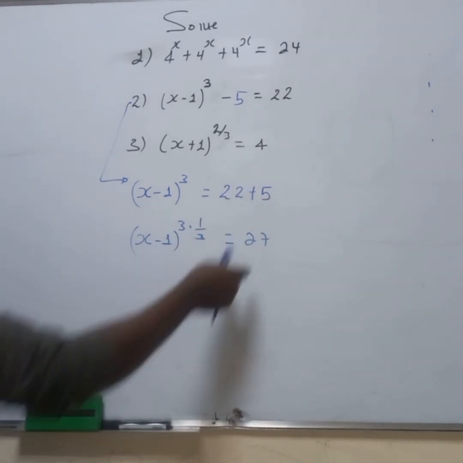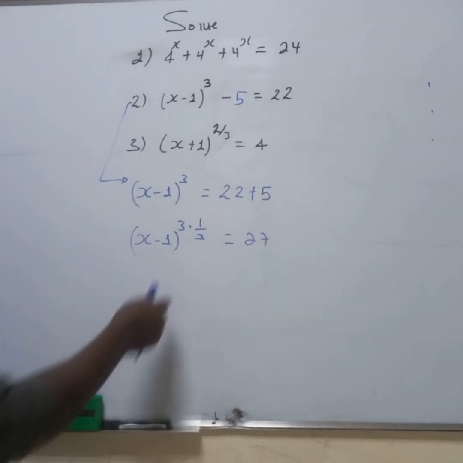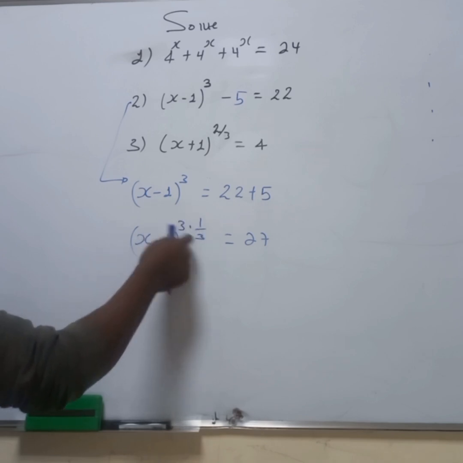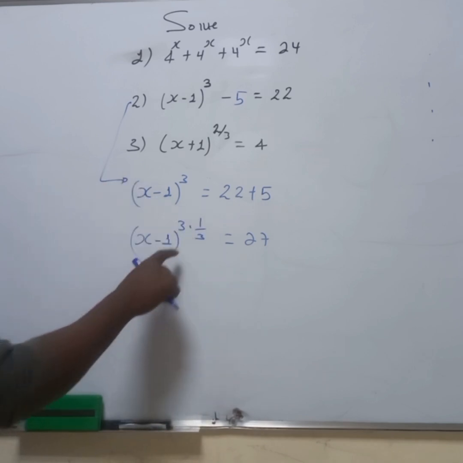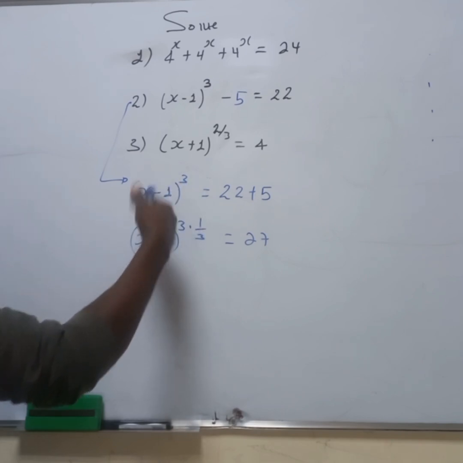Because 22 plus 5 is 27. What's the reason that I multiply the 3 by 1 over 3? To make this power 1, I have to multiply this exponent by 1 over 3.